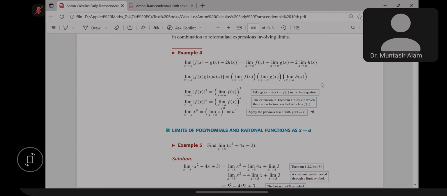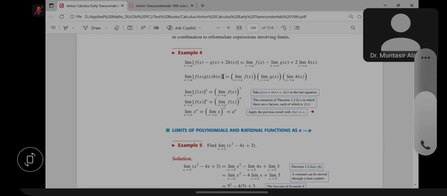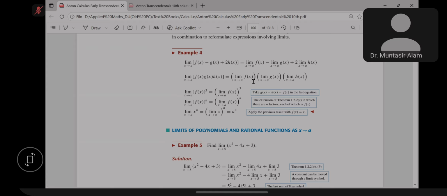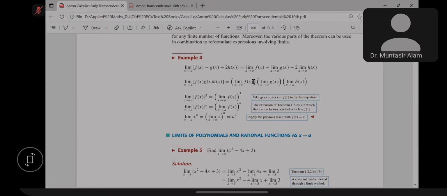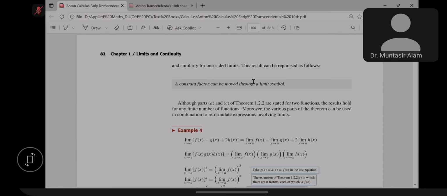So according to the rule, first we will take the limits separately and then we will add or subtract the limiting values. In the next part, you can see there are products of three functions. That means take the limiting values separately and make their product. Okay, that means example 4 is giving us the application of the theorem we studied earlier.